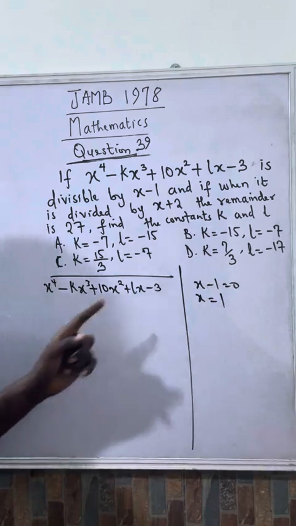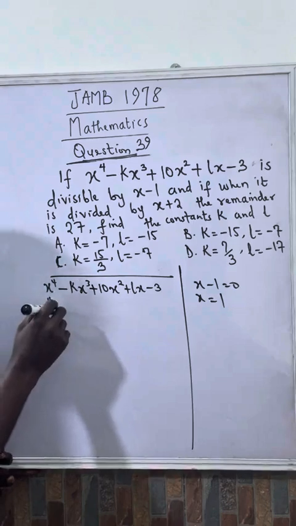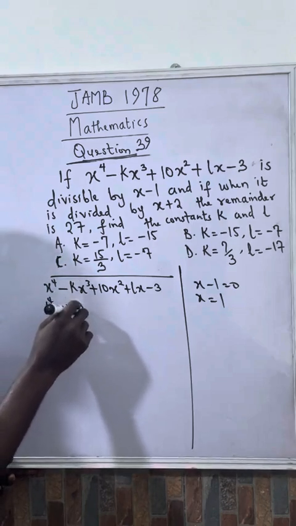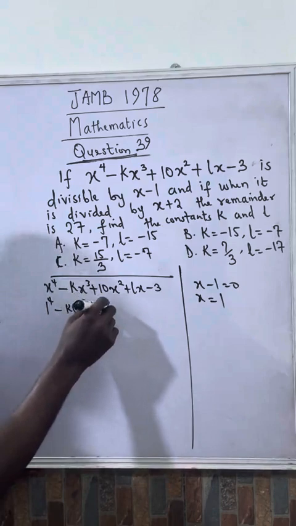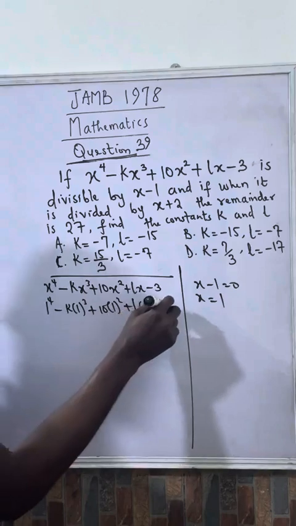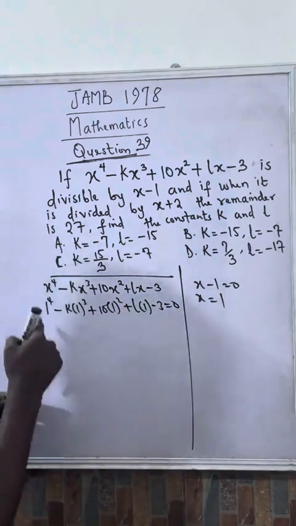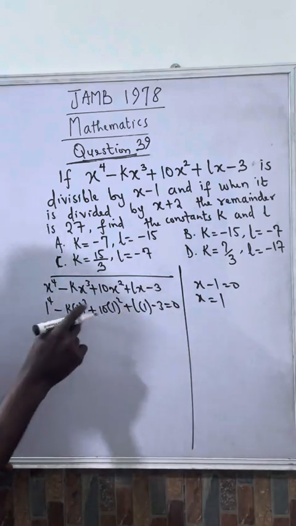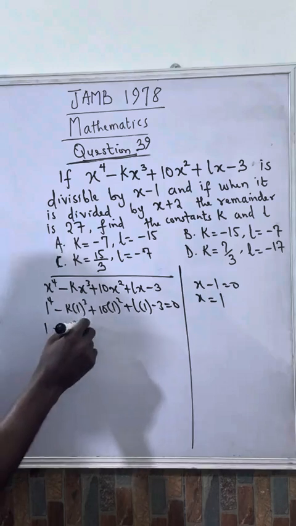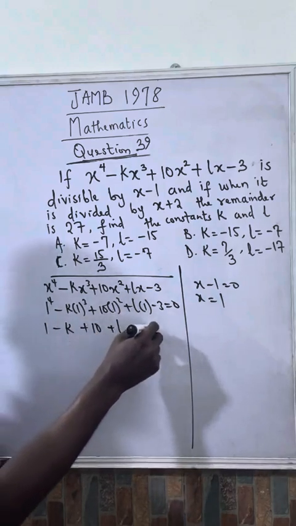Put x equal to 1 inside this, the result has to be 0. So I will have 1 raised to power 4 minus k bracket 1 raised to 3 plus 10 bracket 1 raised to 2 plus l bracket 1 minus 3 equal to 0. Let me simplify this to get an equation. 1 raised to 4 is 1. This will give me minus k. This will give me plus 10. This will give me plus l minus 3 equal to 0.